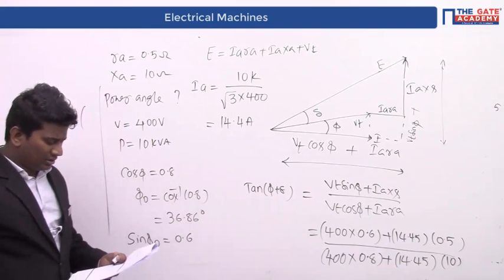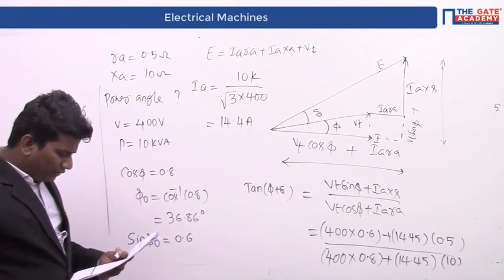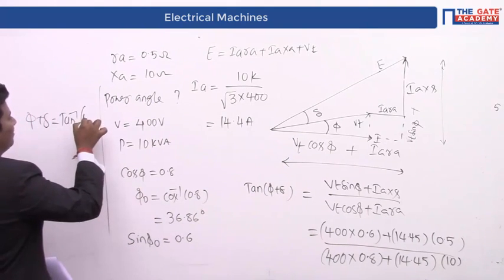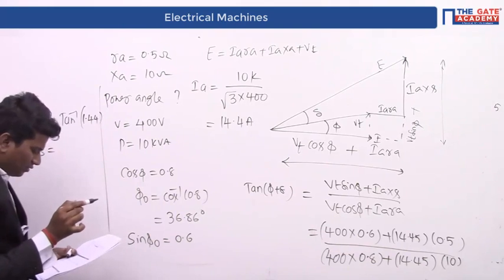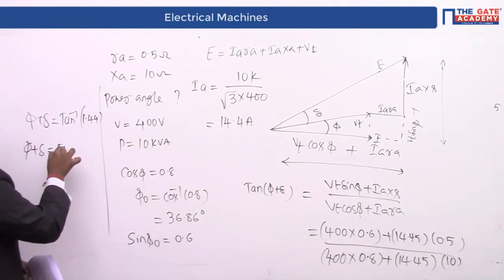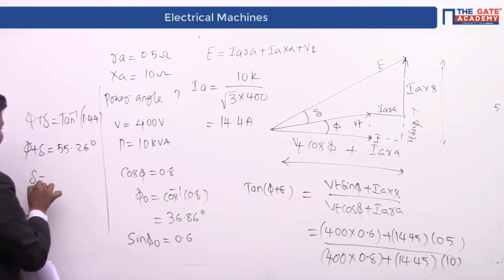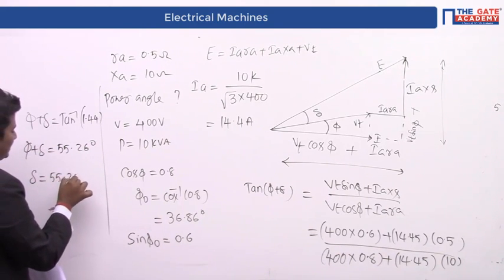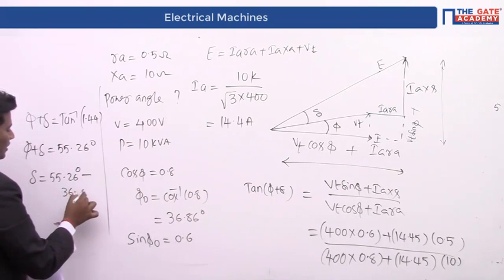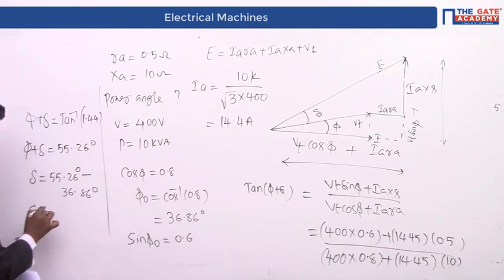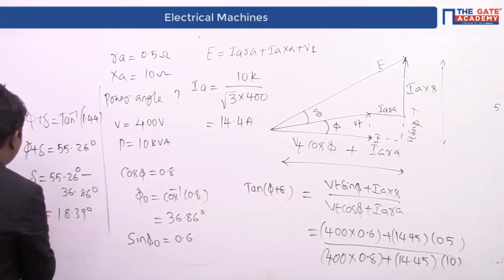The total value which we got is 1.44. Then phi plus delta is equal to 55.26 degrees. Therefore, from this, what is the delta? 55.26 degrees minus phi, 36.86 degrees. Therefore, the power angle or the load angle is 18.39 degrees.